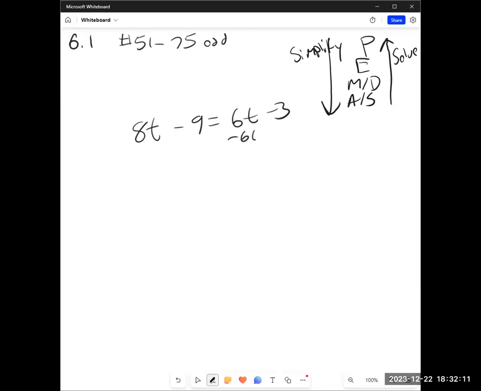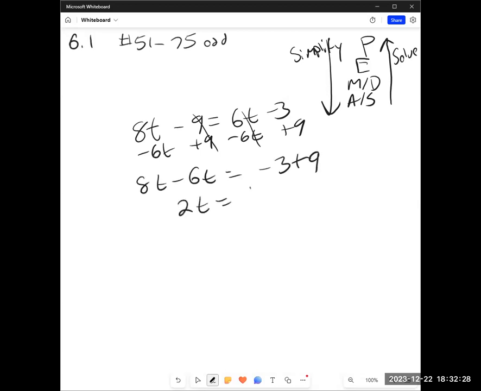So I'm going to subtract 6t. I'm going to add 9. And so that's going to be 8t minus 6t is equal to negative 3 plus 9. And that's going to be 2t is equal to 6. Divide both sides by 2. And t is equal to 3.